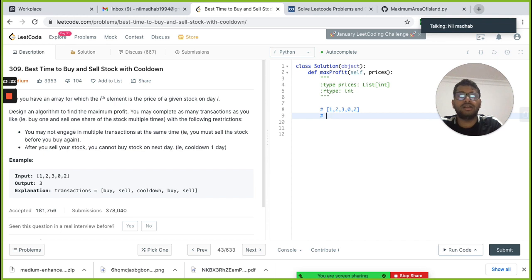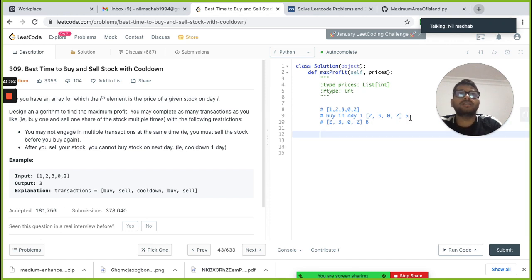I can buy on day 1, and then I pass the function again with 2 3 0 2, but I have to sell the next time. Or I choose not to buy on day 1, and I just pass 2 3 0 2, and I have to buy the next time.